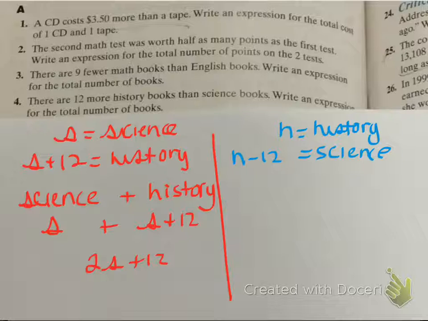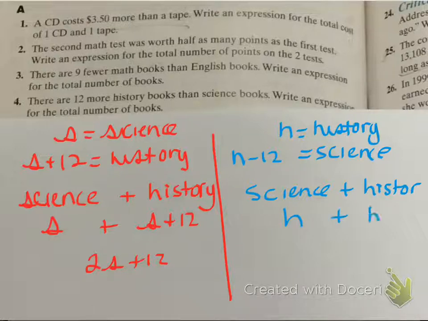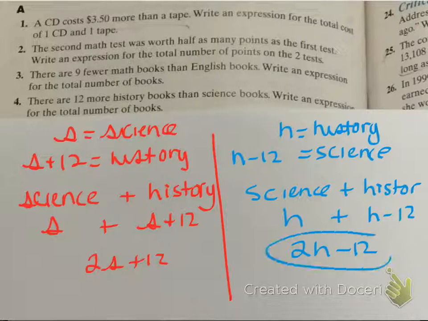And so then when I'm doing the science and the history, we're substituting in H plus H minus 12. To simplify that, we get 2H minus 12. I am good with any of these 4 answers.